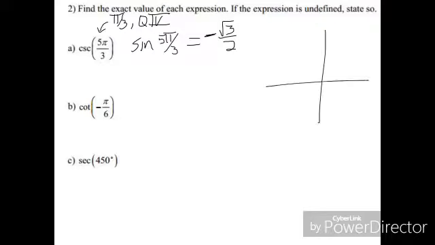Where that comes from is a simple mnemonic, All Students Take Calculus. This tells us that all of sine, tangent, cosine are positive in quadrant 1. Whereas in quadrant 2, only the sine is positive. In quadrant 3, only the tangent is positive. And in quadrant 4, where we are, specifically 5 pi thirds is right here, only cosine's positive.